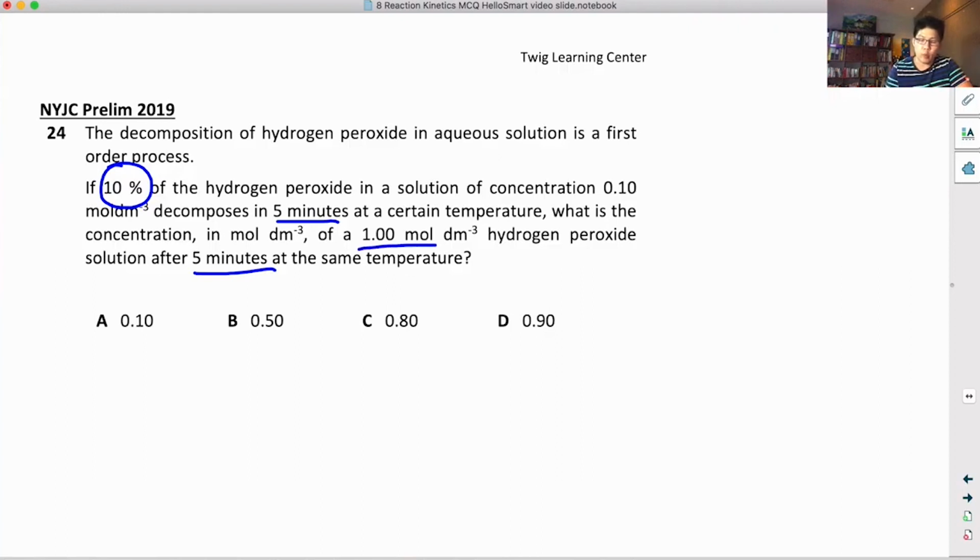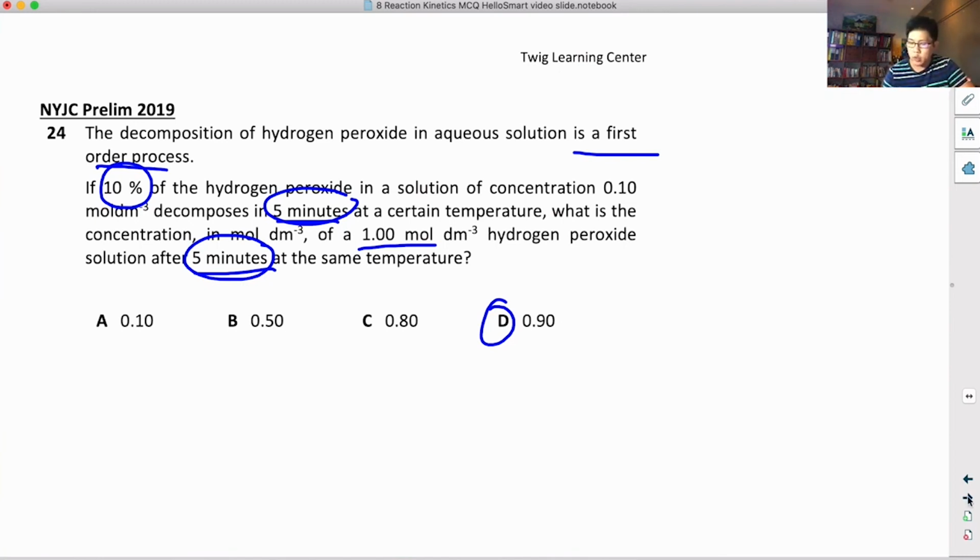So if you started with 1 and drop 10% after 5 minutes, you'll be left with 0.9. That's the answer. As long as the time is the same for a first order reaction, the percentage drop will always be the same.